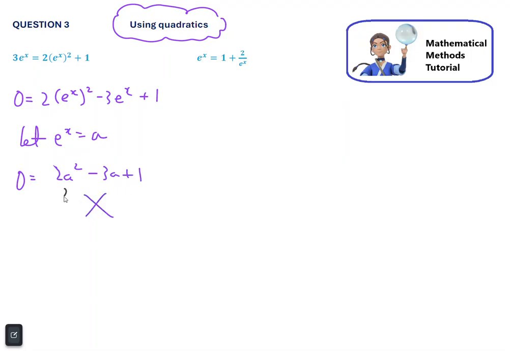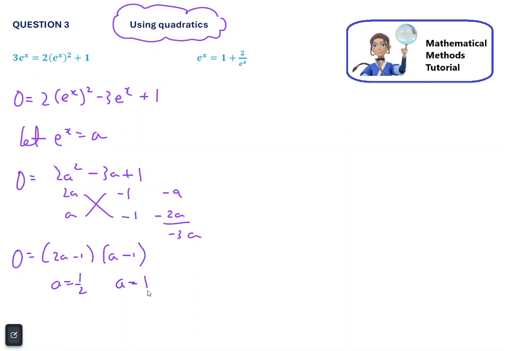If I crisscross that, 2a and a, and minus 1 and minus 1, that's minus 2a, and that's minus a, gives me minus 3a, so that's correct. So 0 equals 2a minus 1 and a minus 1. Therefore, a equals a half, or a equals 1.